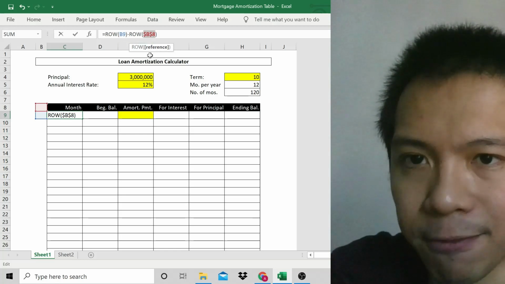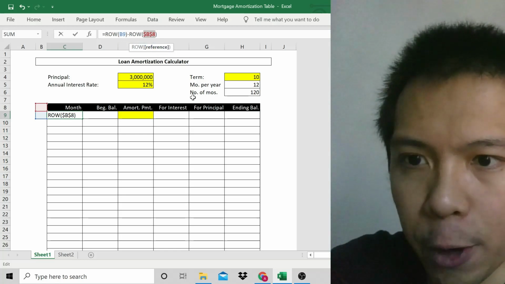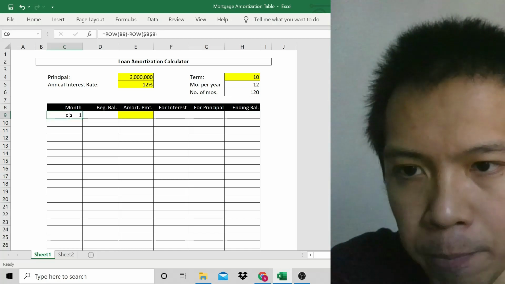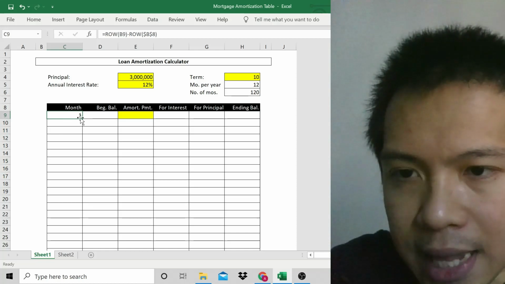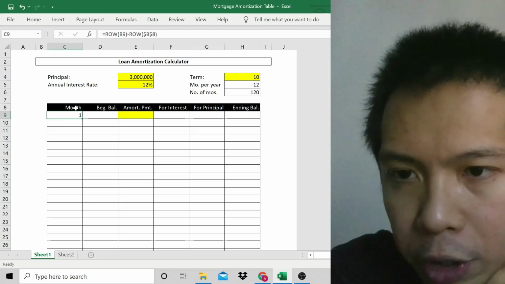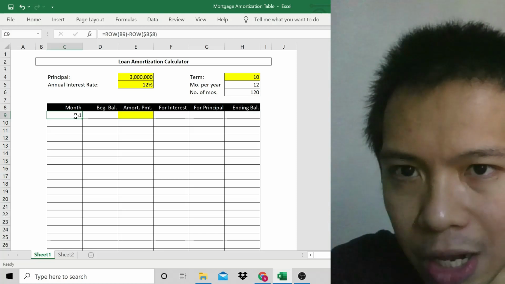Again, that's Fn and F4. If you're using a desktop, just press F4. There you go. This row minus this row is 1. Then the second term will no longer move, considering that we put a dollar sign.